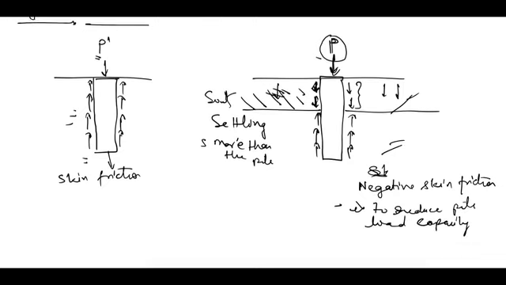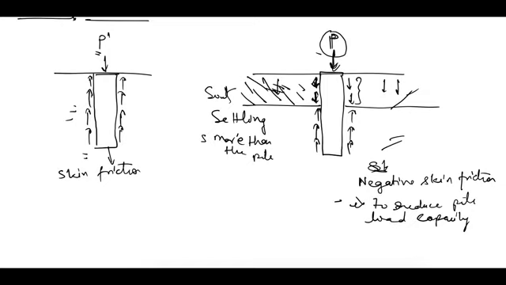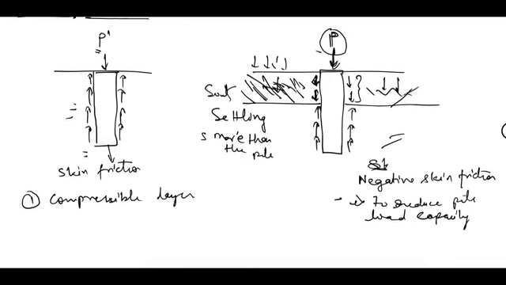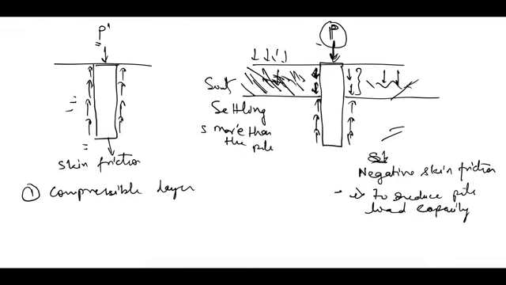Now what are the reasons due to which this soil is settling more than the pile? There can be a few reasons. First, it can be a very compressible layer. If this part of the soil is a very compressible layer and we apply a little bit of loading on this soil, it will settle more than the pile, and this negative skin friction will develop.